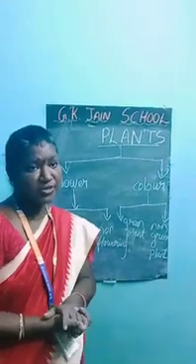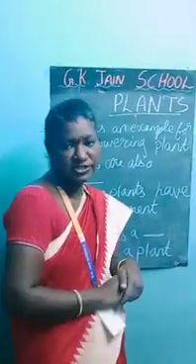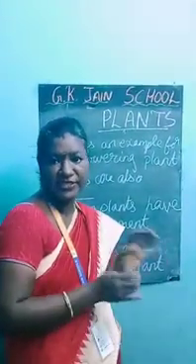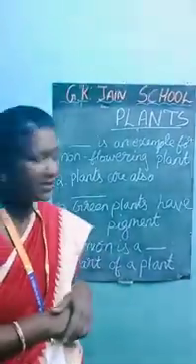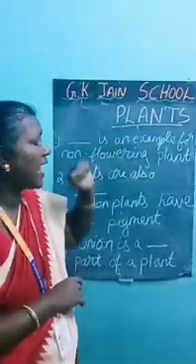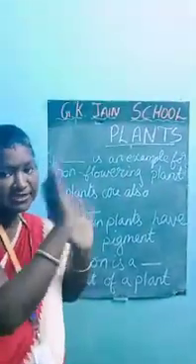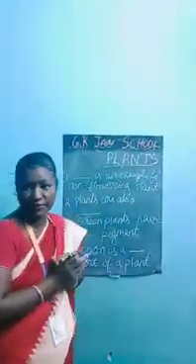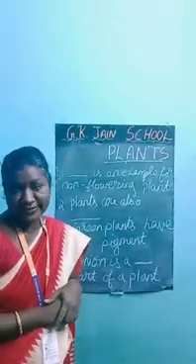Now we pass on to a small activity. Children, I have finished taking the classification of plants. Now small activities are given to you: four fill-ups. Just see. Give one example for a non-flowering plant. Yes, fungi.